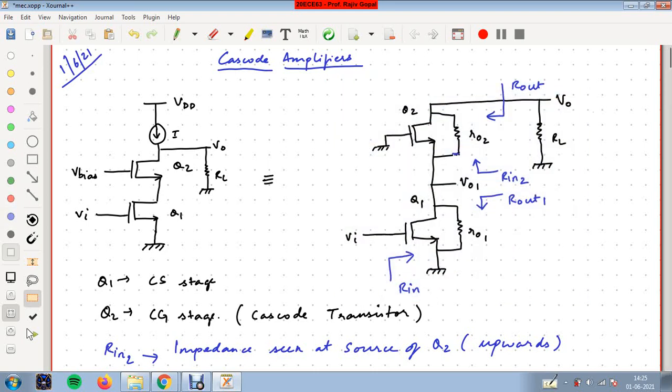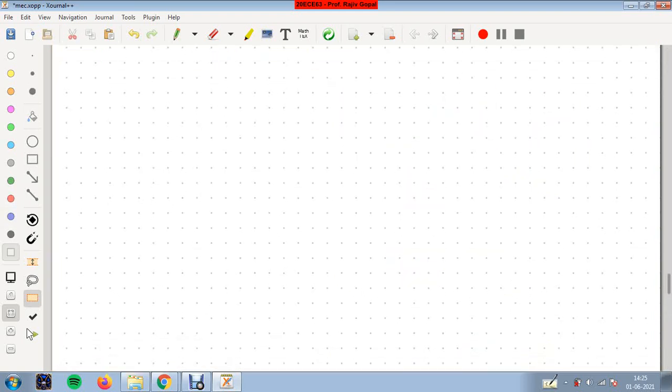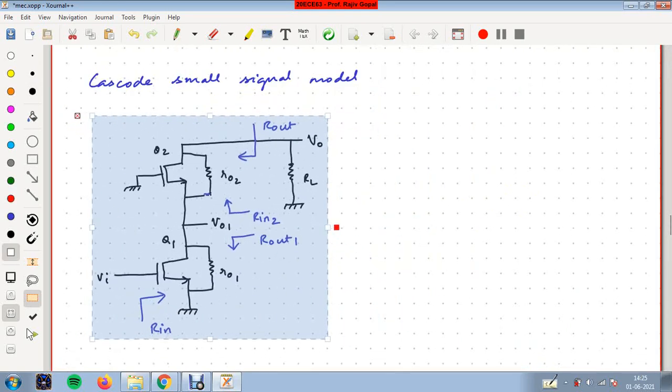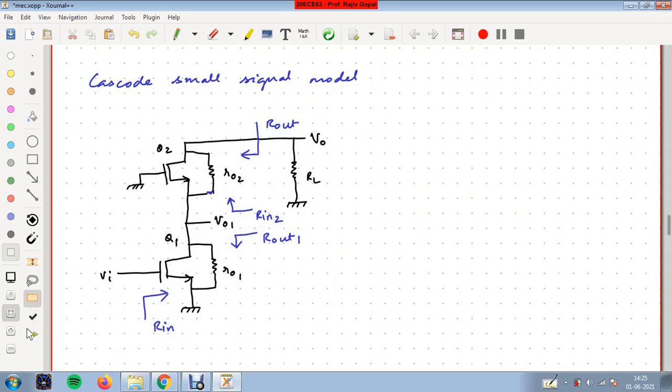In this, I have already derived Rin2. This is done. Now I have to look at Rout1 and Rin.